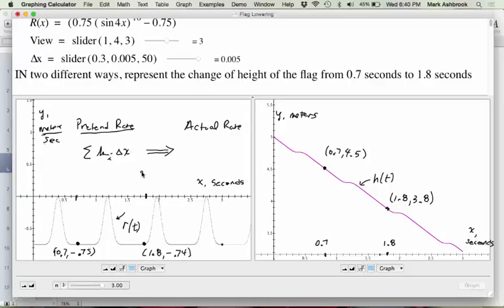So when that delta x gets small enough, so that there's really a negligible difference between the constant rate and the actual rate, how do we represent that total change when delta x is super small and we're getting an accurate total change?